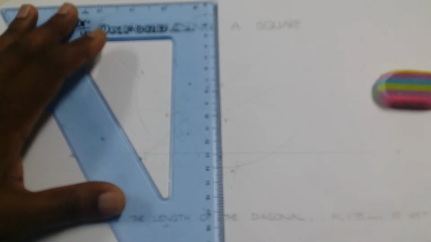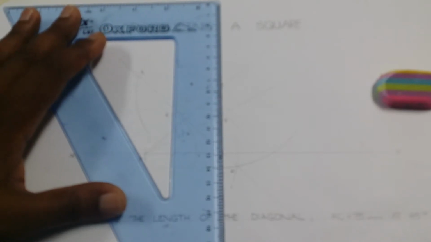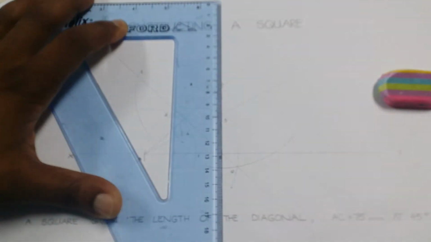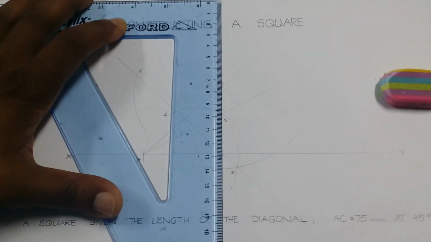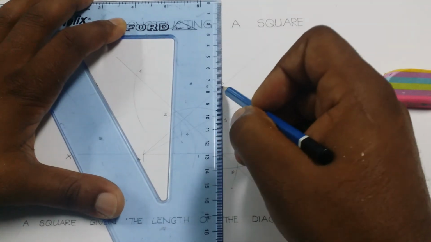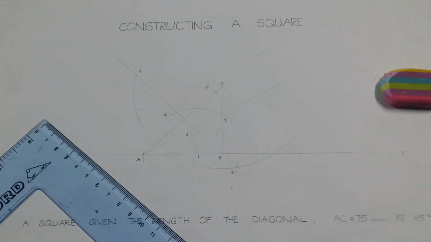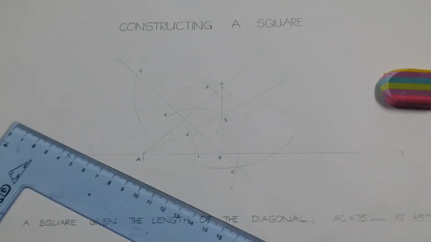And then I'm going to go back to aligning my ruler or set square, whichever you are using, with my 2 points C and B. It is very important that you do this. Do not rush it. Take your time and make sure the points are perfectly in line with each other. Any slight error here is going to affect your work.